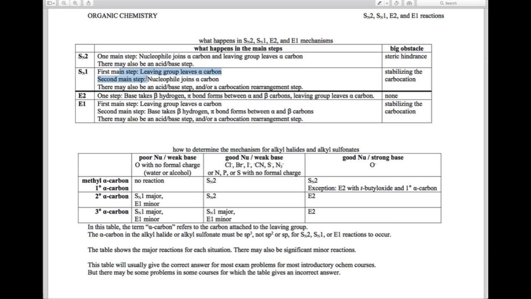I refer to these as the main steps because there may also be an acid-base step in an SN1 reaction. We'll learn about those acid-base steps later in the series. So the best way to put it is that these are the two main steps in an SN1 reaction.